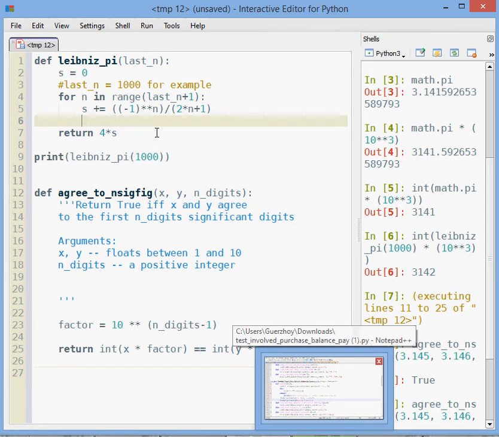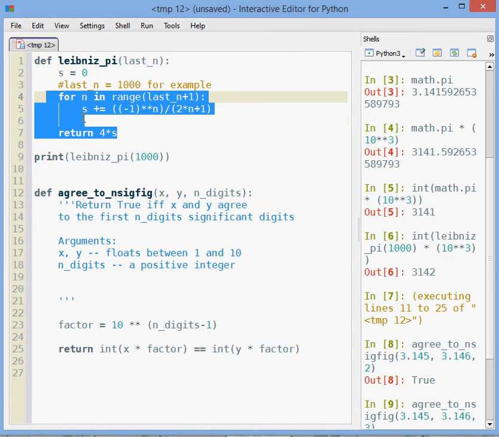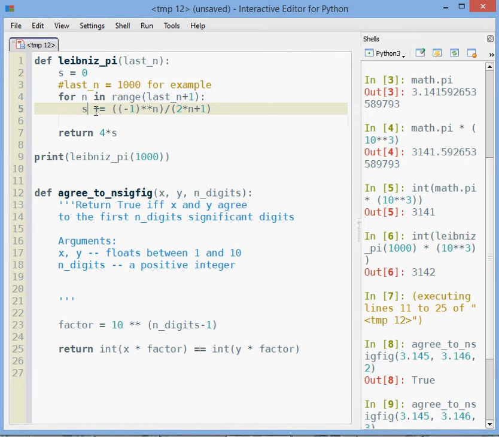Well, the strategy would be essentially have this loop, and then every time we add a new term to s, we'll check whether we're done, whether now we can say that our 4 times s actually agrees with math.pi to whatever number of significant digits. So let's do that.